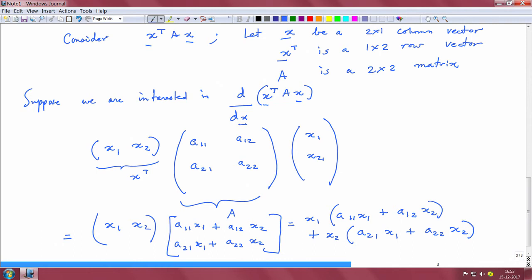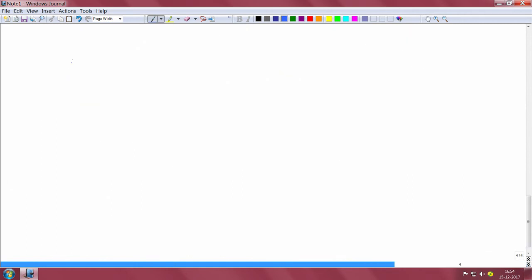Now we will adopt the same convention. Let us differentiate the scalar with respect to x1 and x2, right. So earlier case we had a vector and we were differentiating that vector with respect to another vector. Now we are differentiating a scalar with respect to a vector. Now derivative of x transpose Ax by dx. So this can be done as follows.